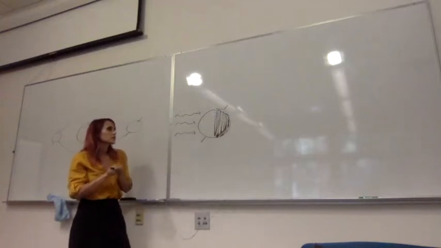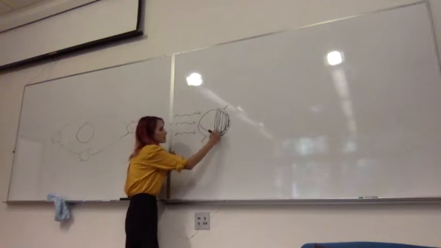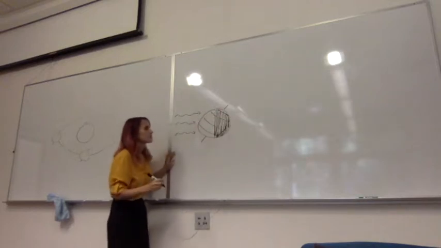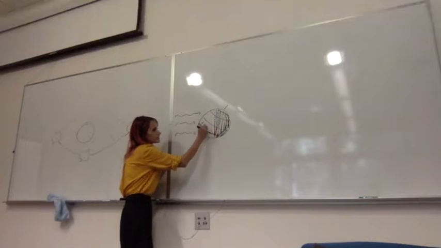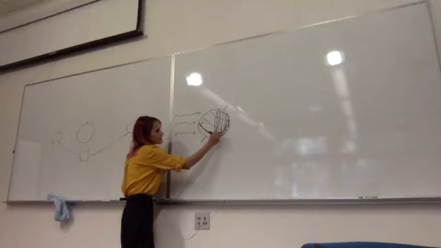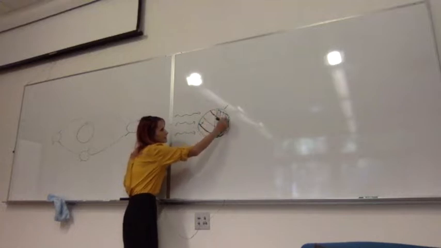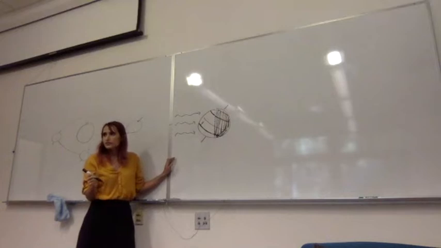But the Earth is turning like this. So if someone is down here in the southern hemisphere, they're going to spend more time in daylight than they are in night. But if you're in the northern hemisphere, you're going to spend more time in night than you are in daylight, right?